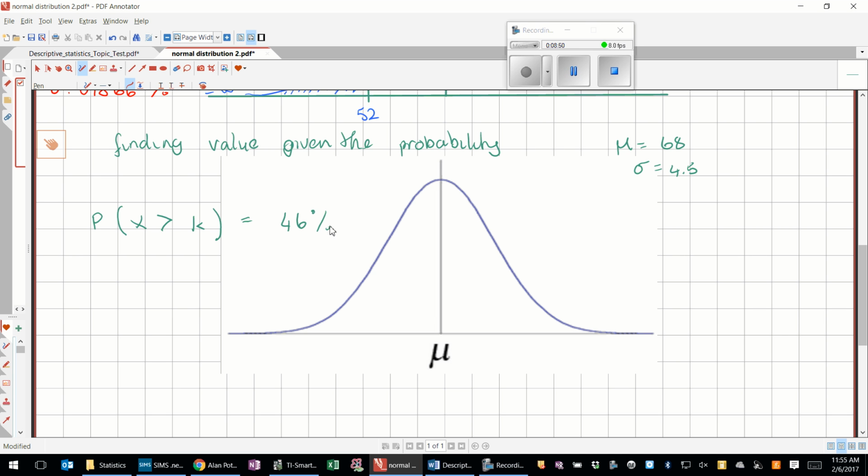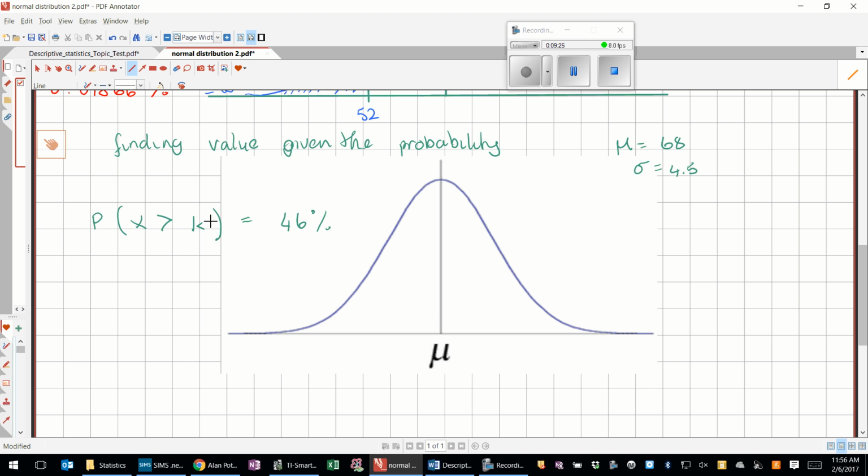What would that look like on our diagram? What's in the bracket in P says X is greater than K, and we're told this time that the value is 46%, but we're not told what the K value is. So I can draw a line to represent K. Where would I draw it?